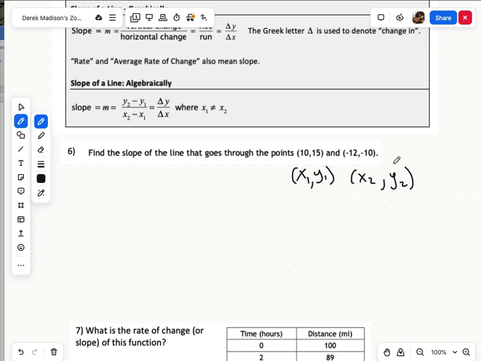And so then plugging into this formula, we're going to find our change in y, so that will go m equals minus 10, y2 minus y1 minus 15. So there's our change in y over x2 minus x1, so that would be negative 12 minus 10.